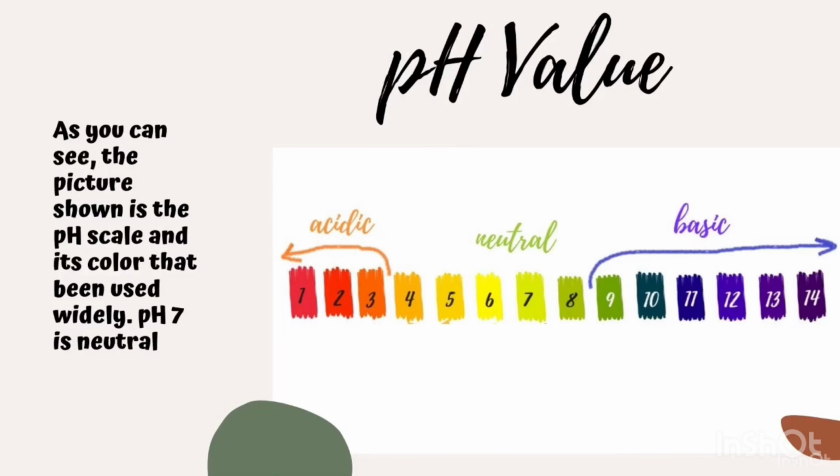So pH 7 is neutral, while for the acid solution, it will show the pH of 6 until 1, but for the alkali, it will show the pH of 9 until 14.